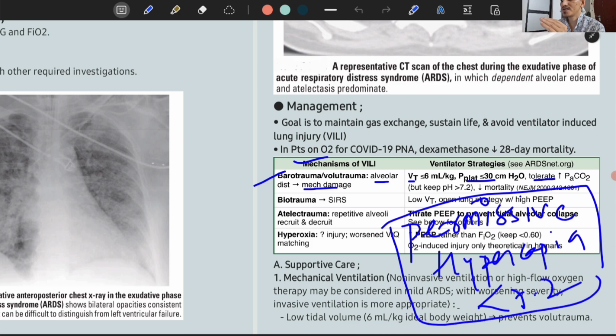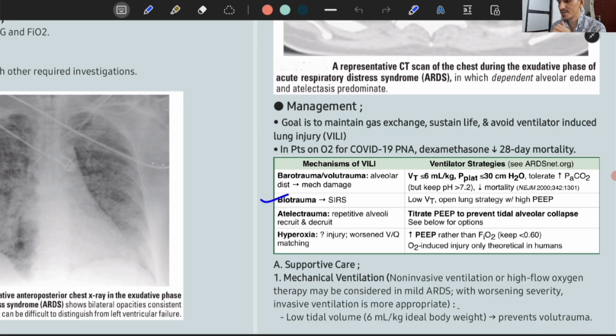So instead of maintaining the PaCO2 normal, you let the PaCO2 rise to some level and let the patient tolerate some amount of PaCO2, such that it should not make the pH of the blood less than 7.2. So these are the strategies: tidal volume less than or equal to 6, plateau pressure less than or equal to 30 centimeters of water, and permissive hypercapnia, such that the pH of the blood should be more than 7.2. That's how you reduce barotrauma and volutrauma.